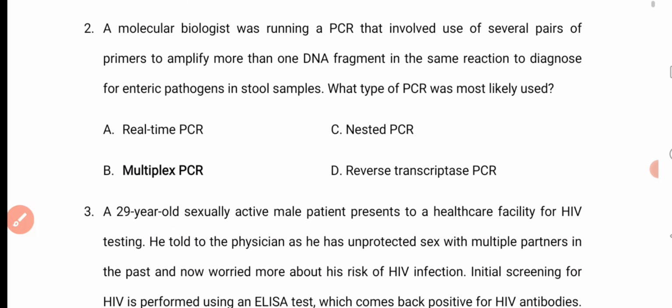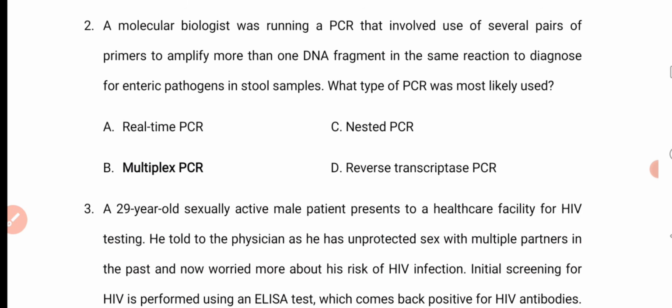The next is: a molecular biologist was running a PCR that involved the use of several pairs of primers to amplify more than one DNA in the same reaction to diagnose enteric pathogens. Which type of PCR? As we said before, if we are using more than two primers for the diagnosis or for the amplification, it's called what? Multiplex.